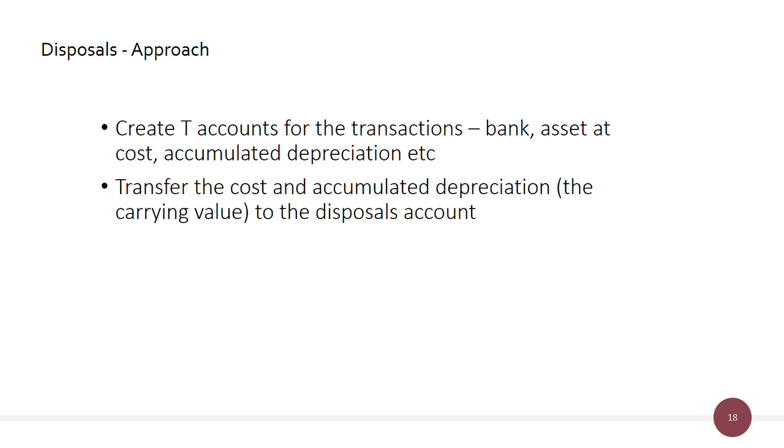We're going to have our T accounts, and we're going to transfer the cost and the accumulated depreciation to something called a disposals account. This really is a workings account where we put all these items. We work out what the profit or loss on disposal is, and we transfer that to the profit and loss account. So it's like a workings account for the profit and loss account, a bit like an income or expenditure, but it could be either way. You could make a profit or you could make a loss on disposal.